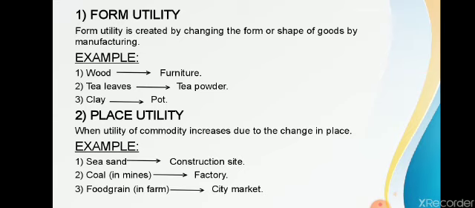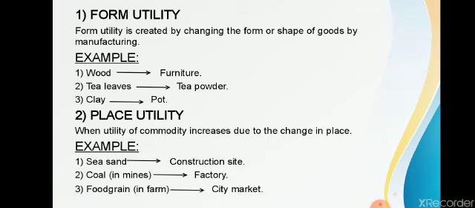The first type can be better understood with the help of an example. For example, when wood is being transformed into furniture, here the wood changes its shape and takes the shape of the furniture. Second, when the tea leaves get converted into tea powder, the leaf form has been changed to the tea powder.